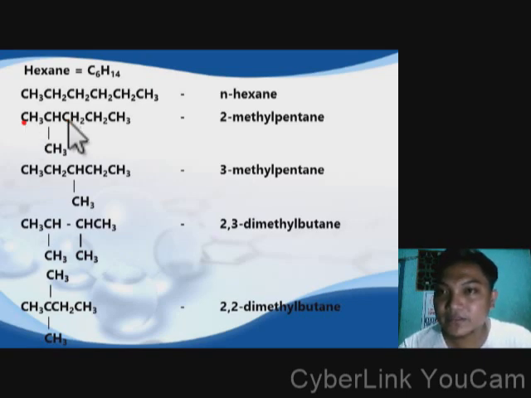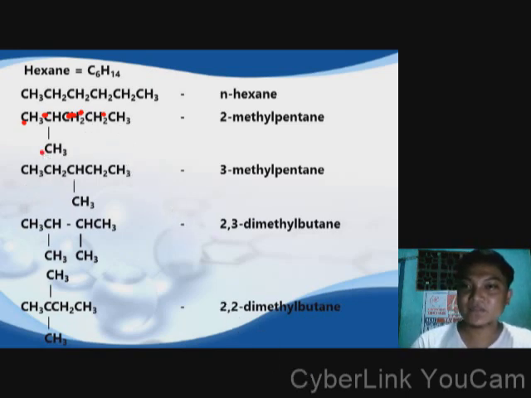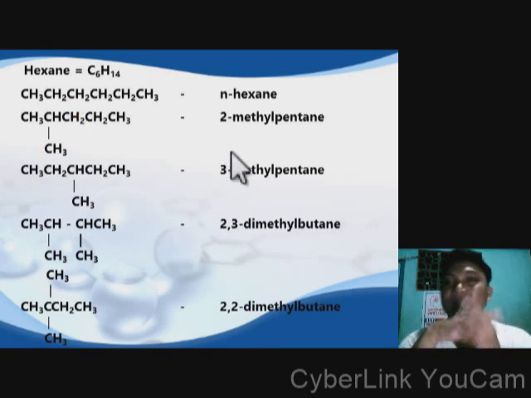1, 2, 3, 4, 5, then 6. Pasensyahan nyo na yung dot ni sir. Okay, 6. Tama. So, tama si carbon. 6 din. So, si hydrogen naman tayo.